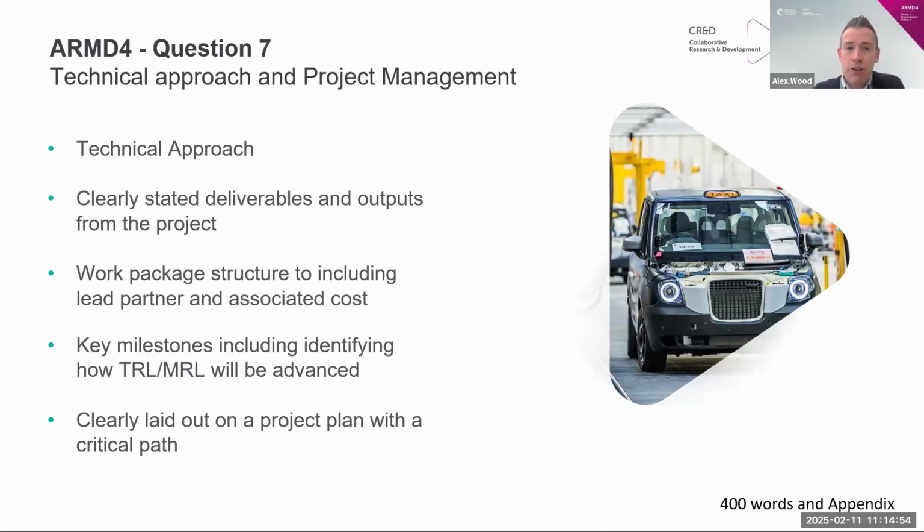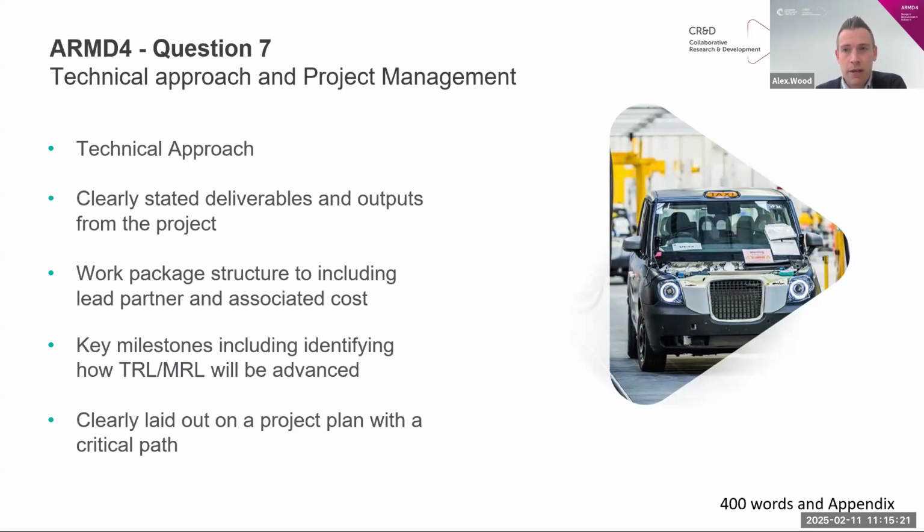For process innovation projects, clearly explain your approach to increasing manufacturing maturity and ensure this aligns with industry relevant quality processes and expectations. In terms of project plan, provide a structured project plan, include a fully developed work breakdown structure, indicating the lead partner for each of the tasks in your work breakdown structure.